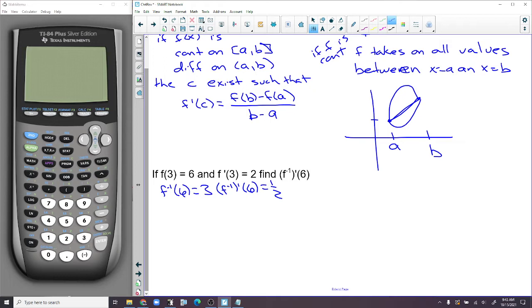So these are reciprocals of each other. So derivatives of inverse functions at their corresponding points are reciprocal. It doesn't say at the same point. It says corresponding points. That's why we use 3's here and 6's there.